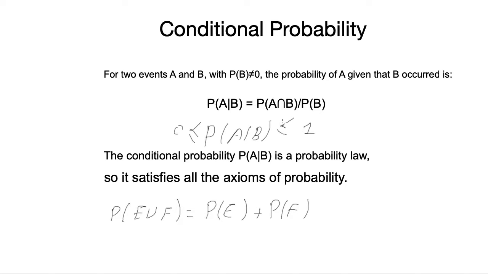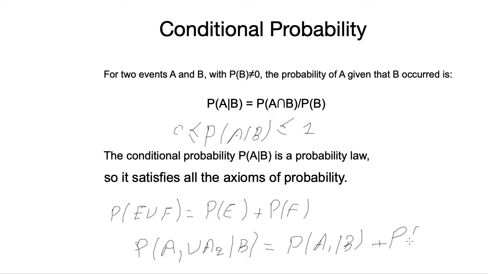So also in the case of conditional probability, here for example we have the probability of A1 union A2 given B equals the probability of A1 given B plus the probability of A2 given B. And of course A1 and A2 have to be disjoint to get this formula. So this is the second axiom of probability.